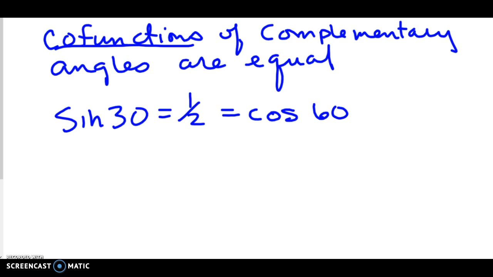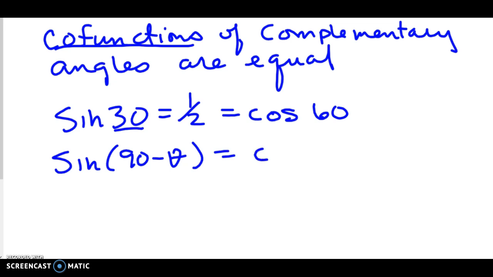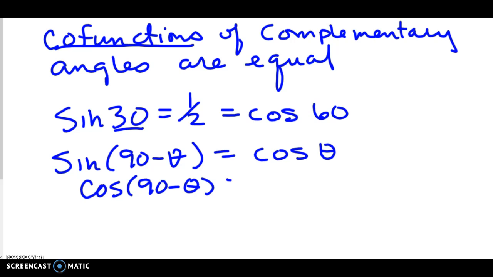That is, if theta is an acute angle, then the following relationship is true. Here we have an acute angle. The sine of 90 minus, not 30, 90 minus theta is equal to the cosine of theta. The cosine of 90 minus theta is equal to the sine of theta.